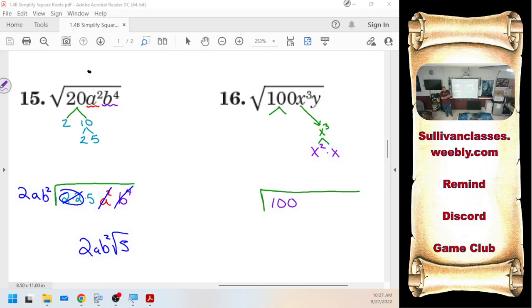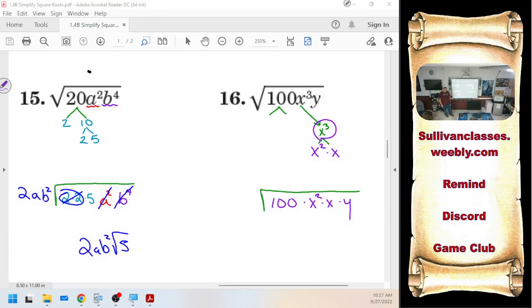Holy buckets. Okay. If you have a variable to an odd exponent, you take one of them off. So now you have an even exponent. Because if I turn this into x squared and x, that's still 3 x's altogether. It's still x cubed. I just gave it a makeover.